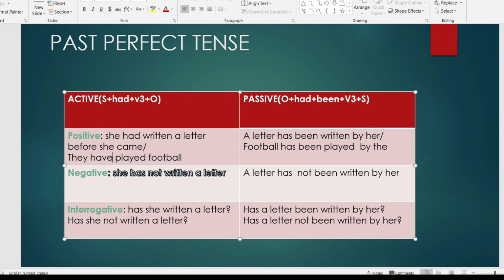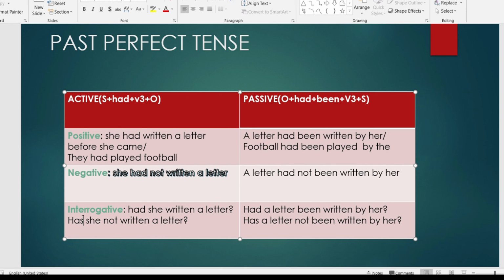उन्होंने फुटबॉल खेल ली थी. They had played football. Okay, so everything else remains the same. It's just that the helping verb changes. कोई काम किसी काम से पहले जब हो चुका हो उस टाइम हम लगाते हैं had third form to say past perfect tense. So I'm just converting all this into had.